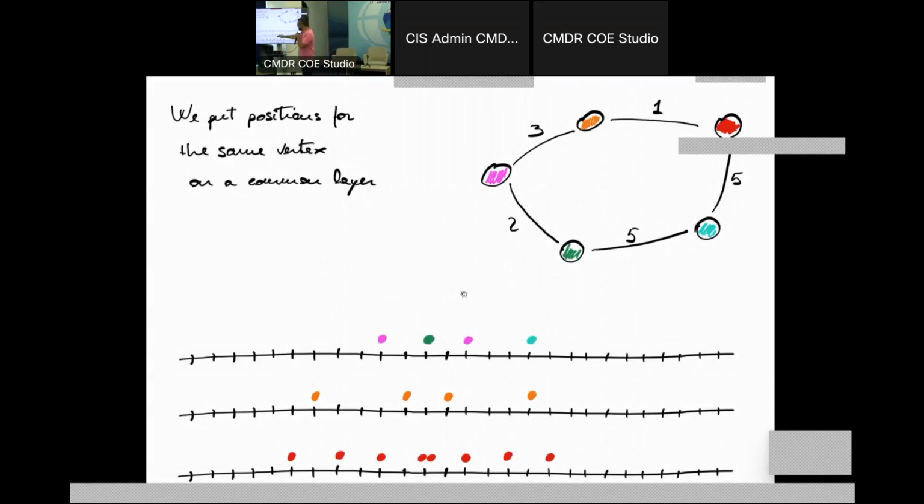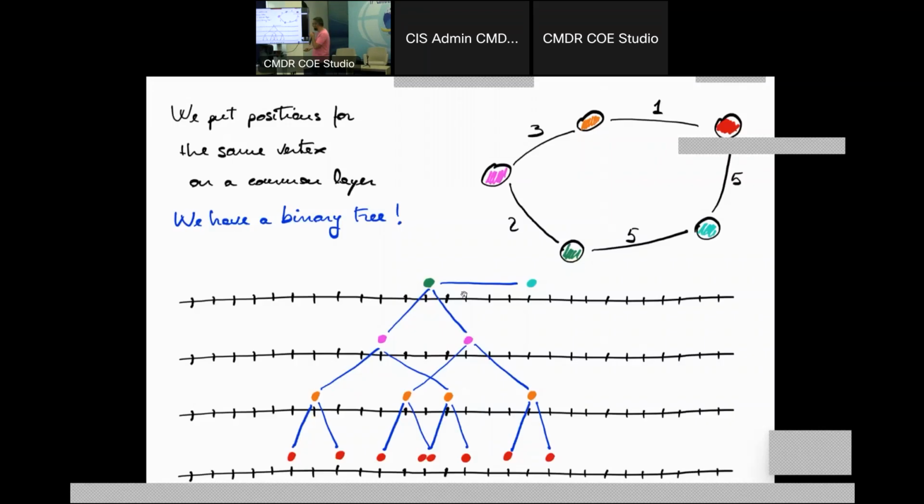I keep only the second-to-last vertex, the brown one, and the others are up. Then step again, and I have the first two on this line. You see now we are always in the one-dimensional space, but I separated the vertices in order to make some order there. And you see that there is a tree structure that appears.